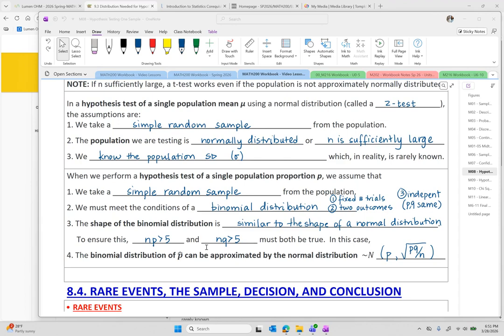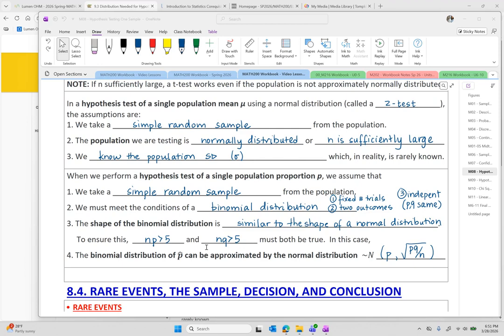We will only ask a question that has a yes or no answer, and they will be independent trials, so the probability of getting a yes answer and a no answer for every individual in the sample is always the same. To ensure that, we need the shape of the binomial distribution to be similar to the shape of a normal distribution, and that will require that np is greater than 5 and nq is greater than 5, both of those, and also ideally greater than or equal to 10.